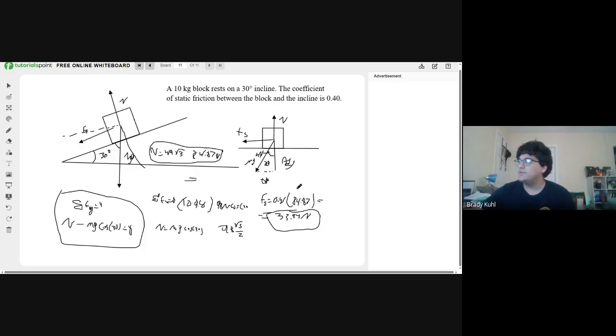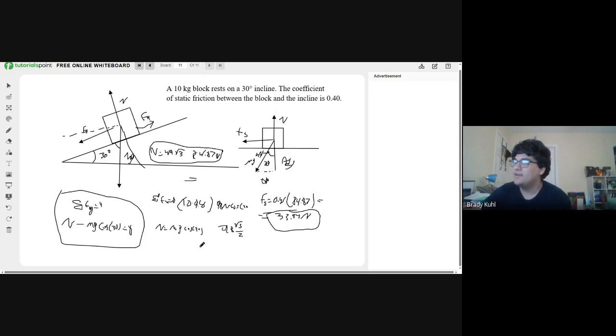Now, does the box move or does it not move? Friction is purely an x component. But now we need to determine the force along the incline. The friction is going to reduce the sliding of it.